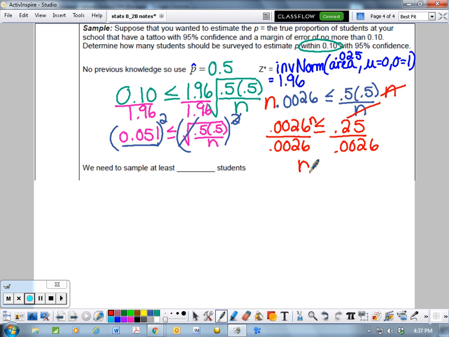And I get that my sample size is 0.25 divided by 0.0026, 96.1538.